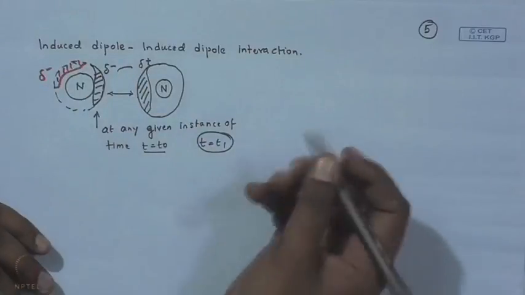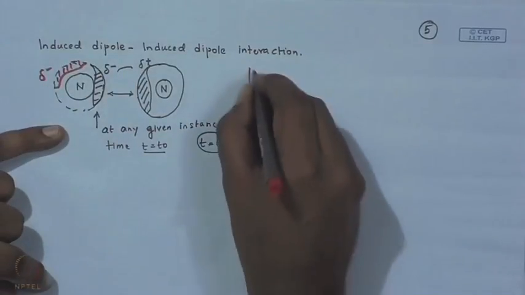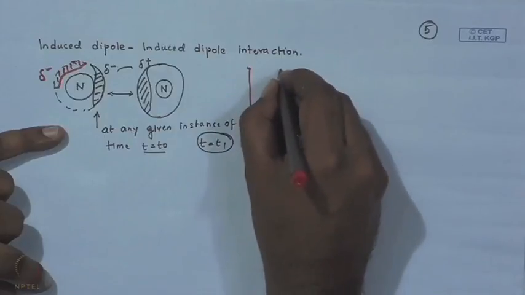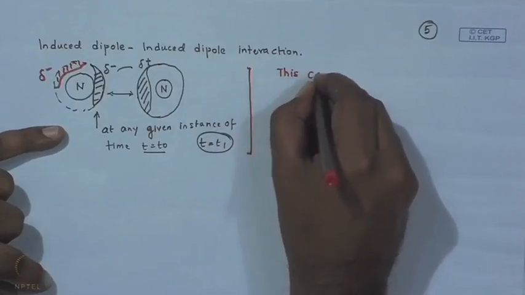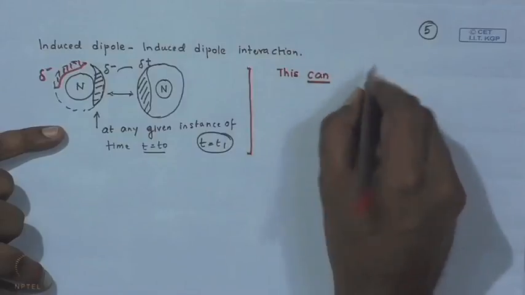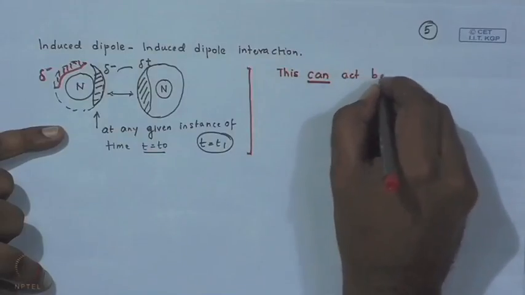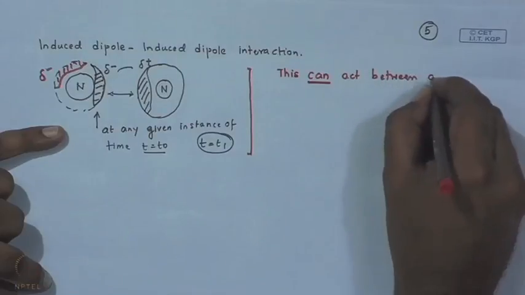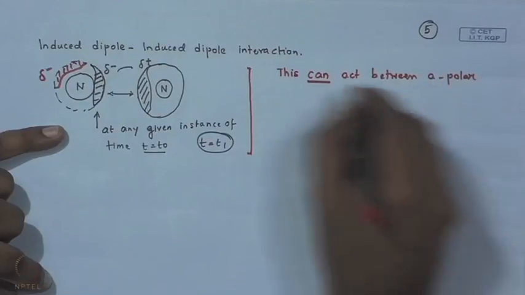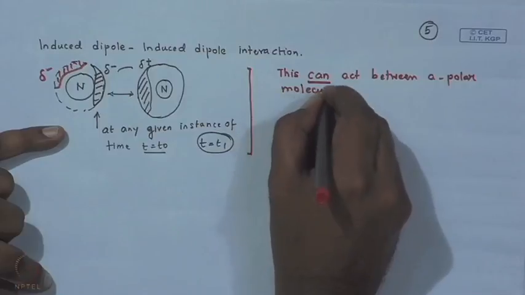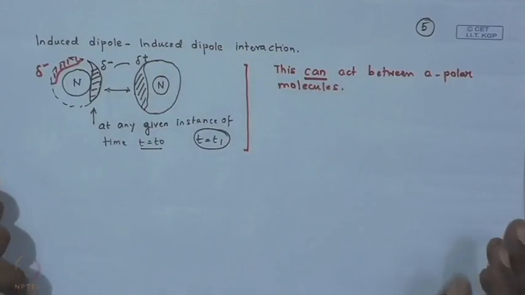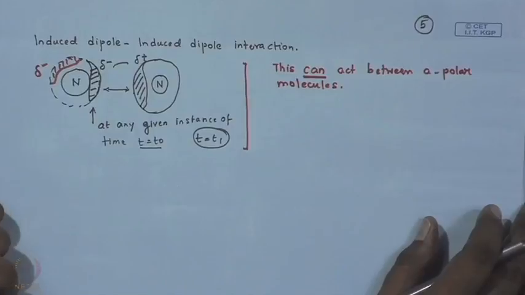Okay. So, this is the most generic form of fundamental force, because it can act between apolar molecules. In the previous two cases, that is the permanent dipole type interaction and the Debye forces, or the permanent dipole induced dipole type interaction, we saw that at least one of the molecules has to be polar.